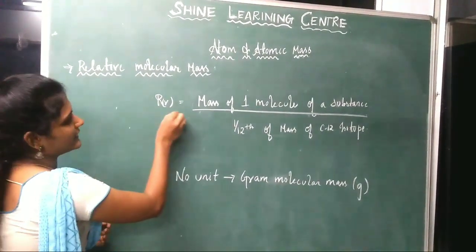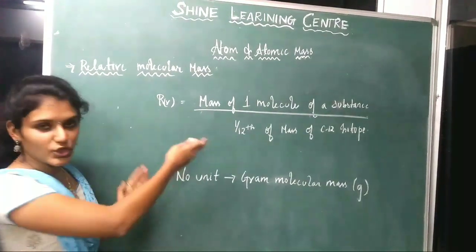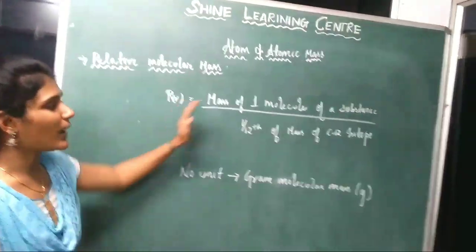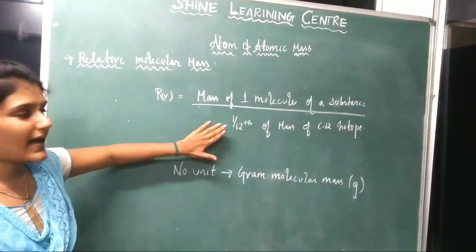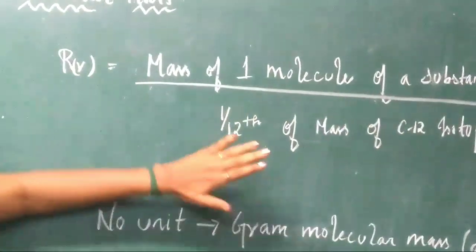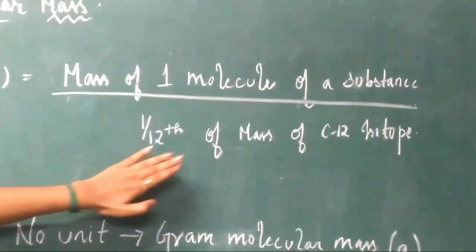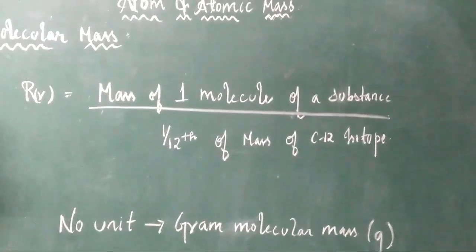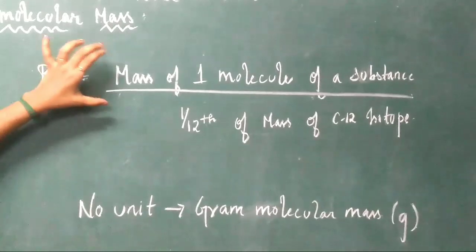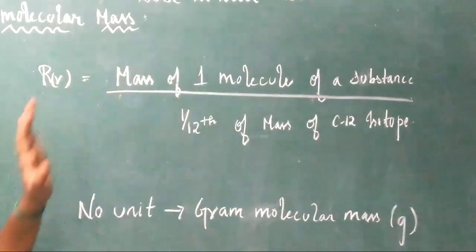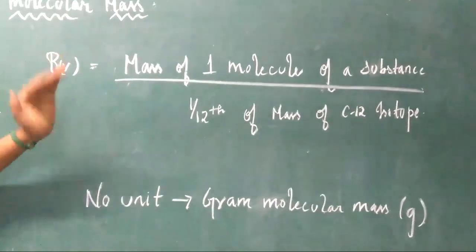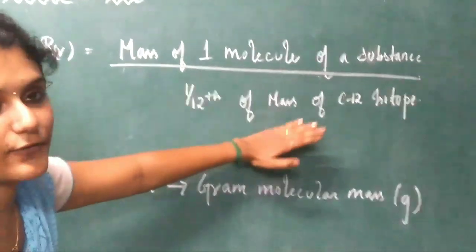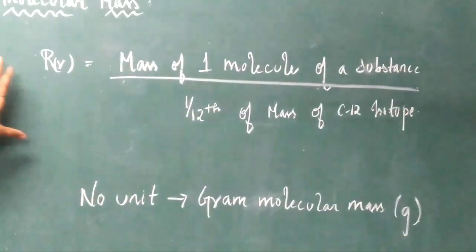It is the ratio between the mass of one molecule of a substance divided by 1/12 of the mass of the carbon-12 isotope. This is known as relative molecular mass.